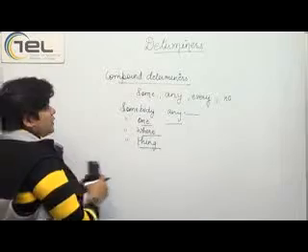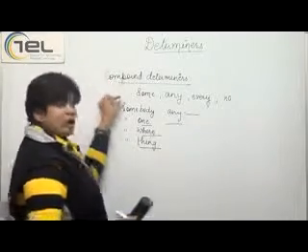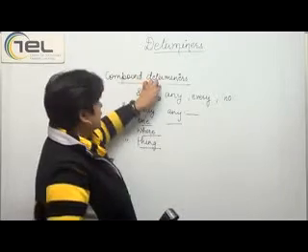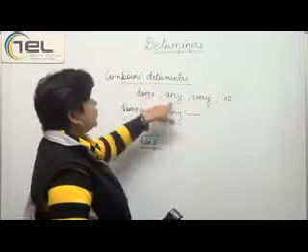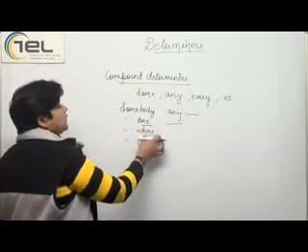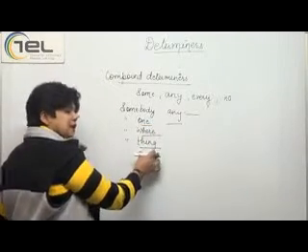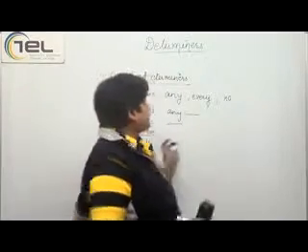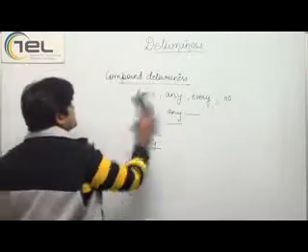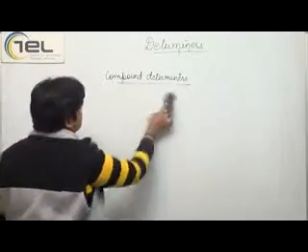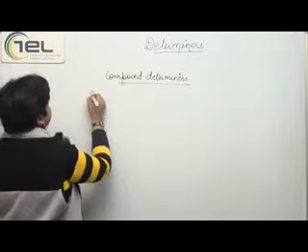Now again, all these words are called compound determiners. Why? Because we add two words together. One is some or any or every, and with that we add body, one, where, and thing. Because of their structure, they are called compound determiners. So let's do the exercise just to find out. Let's see a few examples like that only.